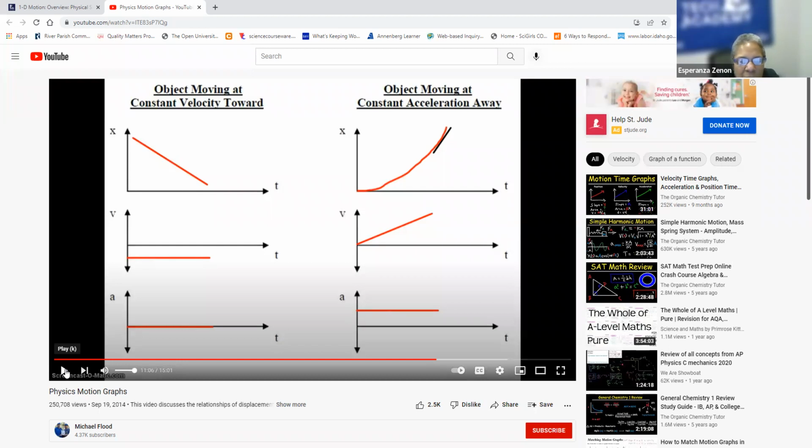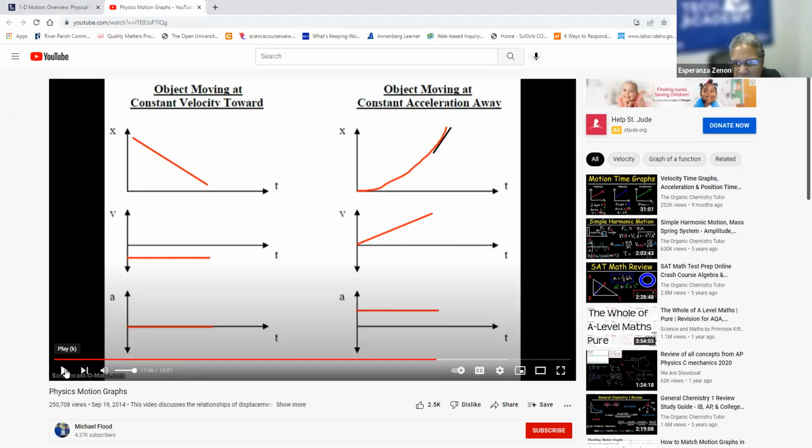You have to be able to distinguish what the different graphs are telling you about the motion of the object. If somebody presented me with these graphs and asked what the object is doing, the first thing I would say is, it's accelerating, and that acceleration is constant. So I know my position versus time graph is going to be curved upward in this particular case.